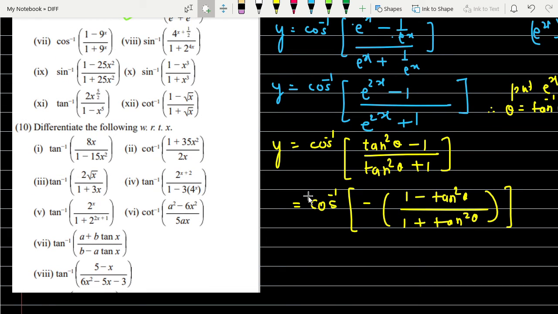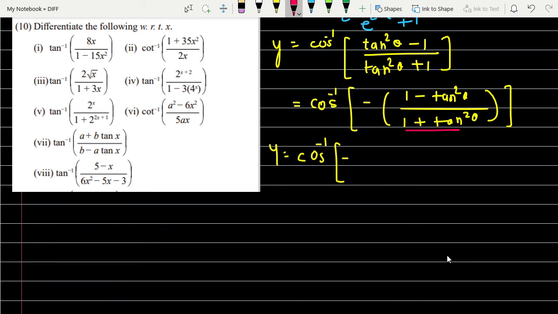Now this will be y is equal to cos inverse of minus 1 minus tan square theta upon 1 plus tan square theta. So this 1 minus tan square theta upon 1 plus tan square theta is cos of 2 theta.